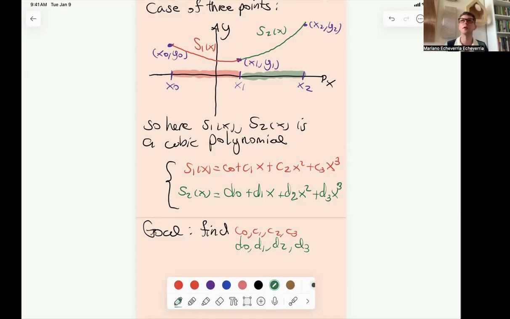Well, it's cubic because if you use something of lower degree, you won't be able to guarantee for the first and second derivatives to match. If you try something linear or quadratic, that is not enough parameters to guarantee for the derivatives to match.